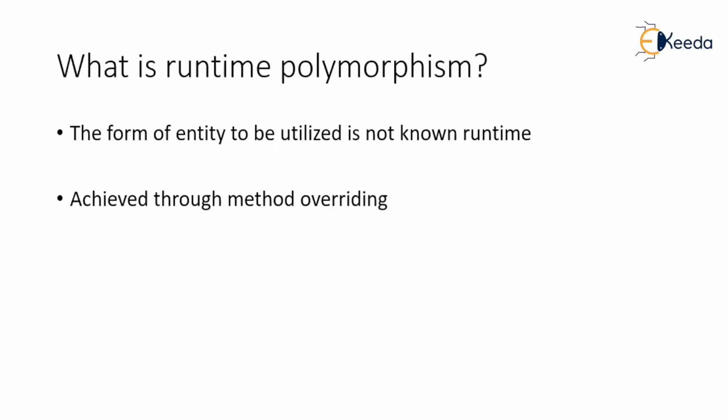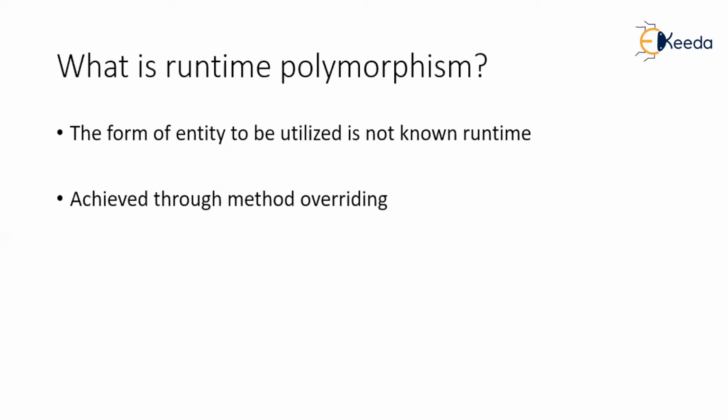What is runtime polymorphism? Again, polymorphism is one of the object-oriented programming concepts where one entity is available in multiple forms at the same time. How many forms of the entity will be utilized? Only one, right? Which form is being utilized at a specific time is not known at the time of compilation.